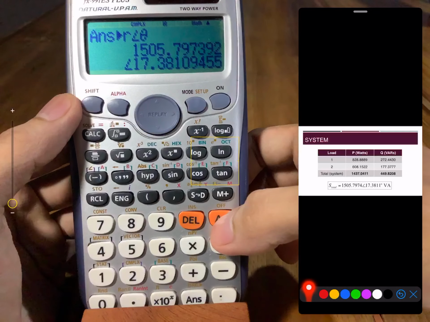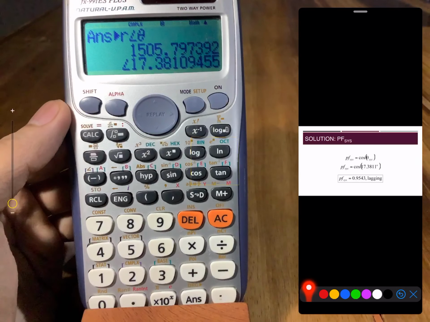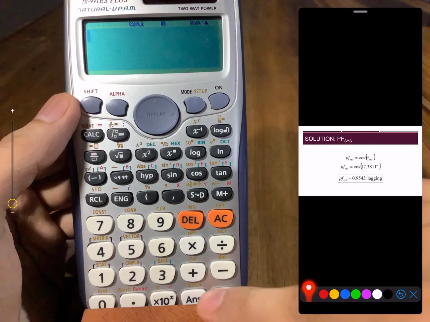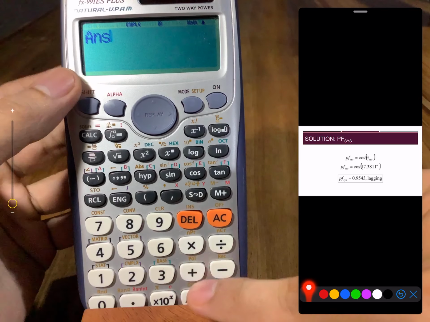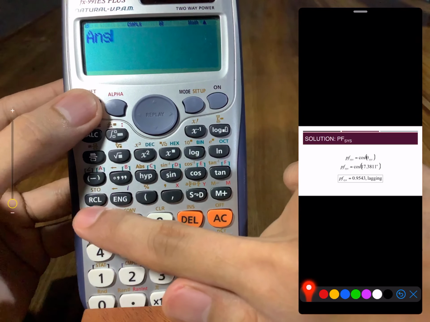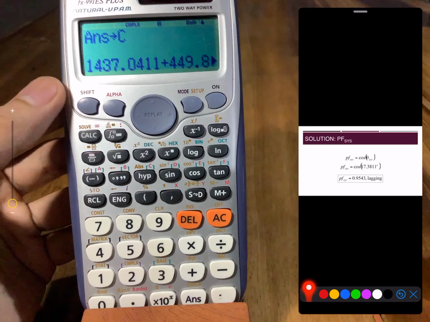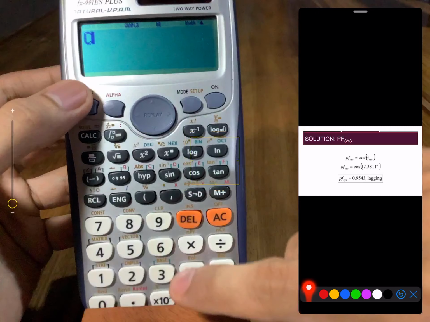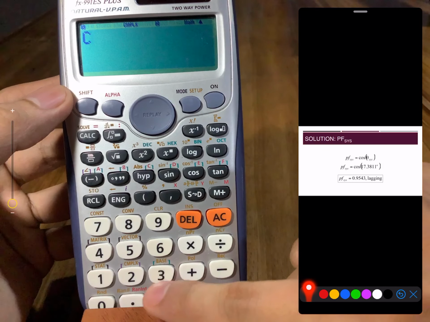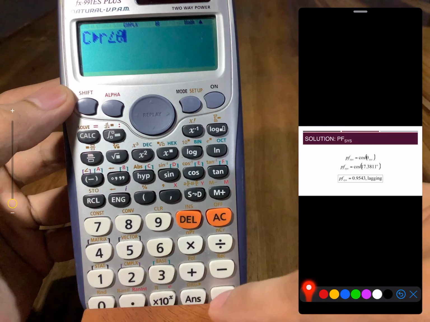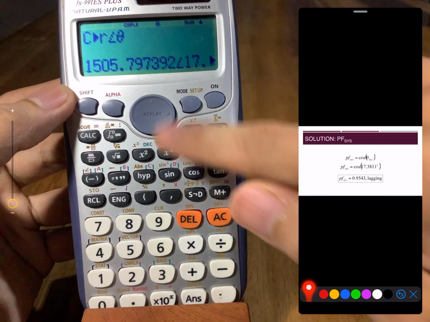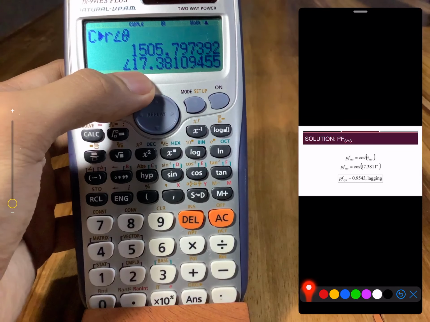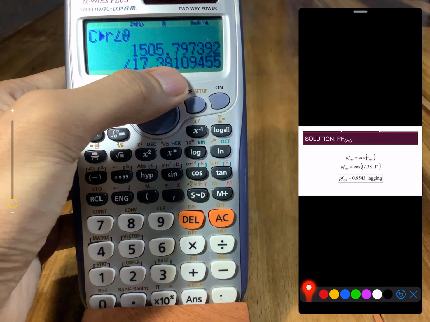Okay, and next is to solve for the power factor. But before we do that, let us first store the computed power into variable C, just in case we needed that later. So variable C in terms of polar form is 1505.797 angle 17.3811 degrees.